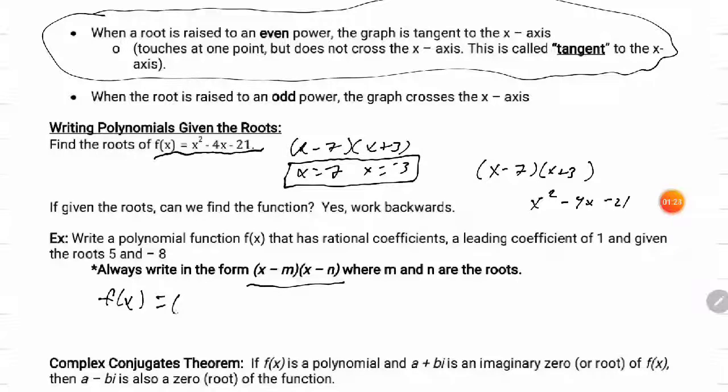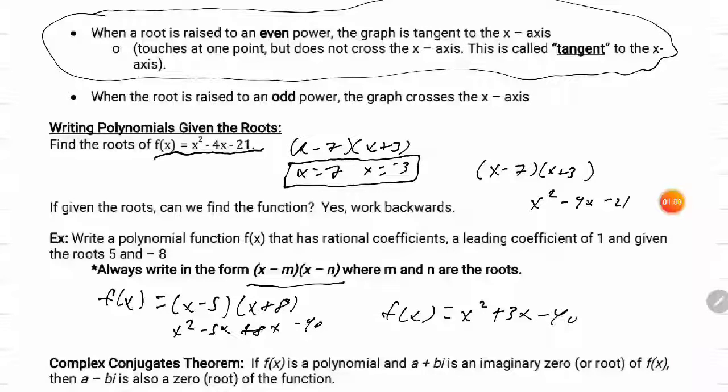So we have x minus 5, and then x minus negative 8, which is x plus 8. We FOIL it, so we get x squared minus 5x plus 8x minus 40, and that becomes f of x equals x squared plus 3x minus 40. That's not bad, working with 2 roots.